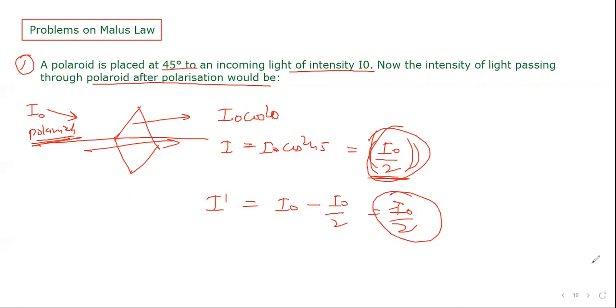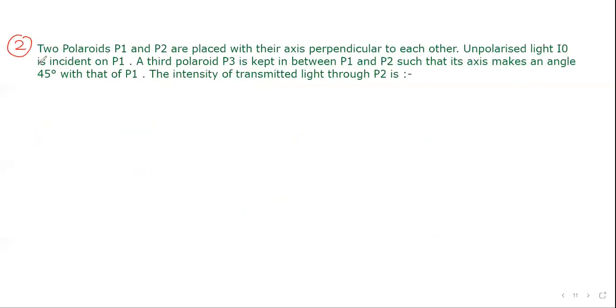Okay, let's see the next problem. Second question. Two polaroids P1, P2 are placed with their axes perpendicular to each other. Unpolarized light of intensity I naught is incident on P1. A third Polaroid P3 is kept in between P1 and P2 such that its axis makes an angle of 45 degrees with P1. What is the intensity of transmitted light that passes through P2?